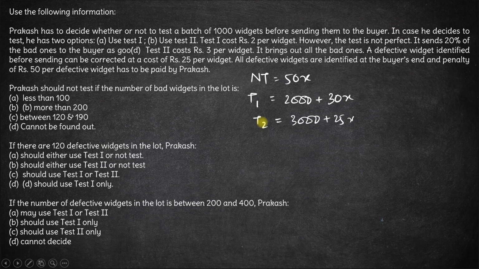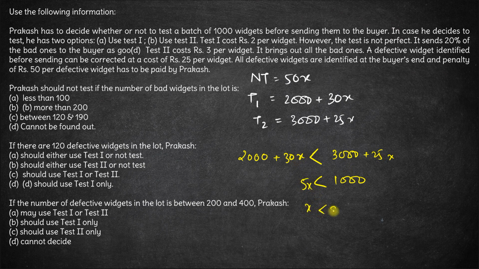Now, which test to prefer at which quantity? So for that, we'll have to do comparison between test 1 and test 2. Test 1 cost is 2000 plus 30x and test 2 cost is 3000 plus 25x. Now, for preference of test 1, cost should be less than test 2 cost. So let's figure out the value of x for this. So 3000 minus 2000 is 1000 and 30x minus 25x is 5x.